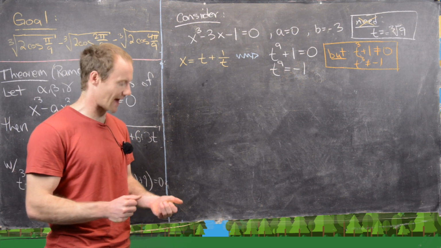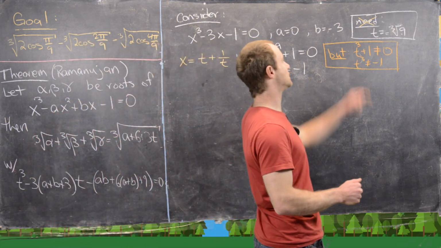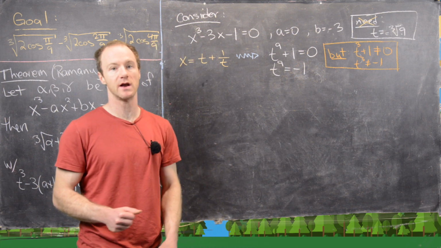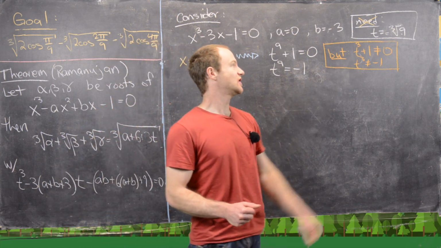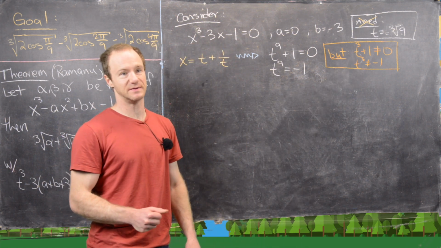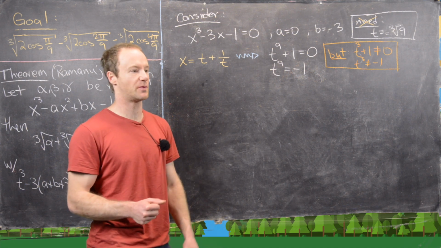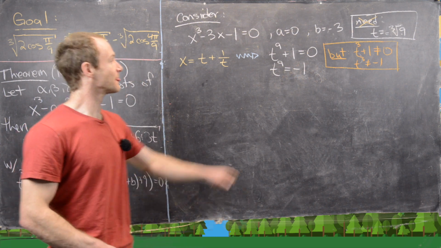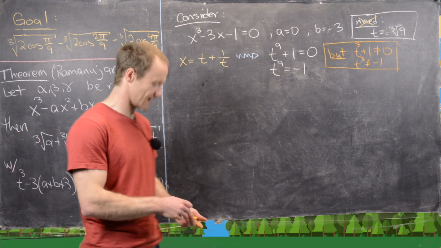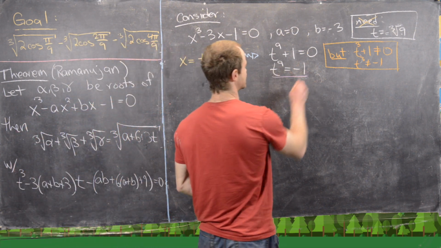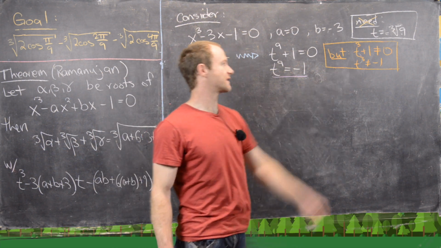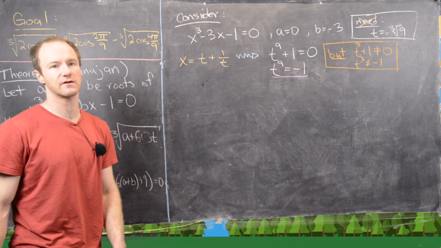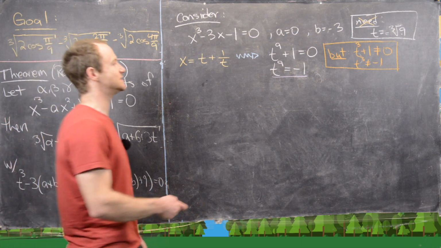But something subtle happened, and along the way we multiplied by t cubed plus 1, which means t cubed plus 1 here is not allowed to be 0 because that was not an original part of the solution. In other words, t cubed cannot be negative 1. So that means we want to solve this equation right here, t to the 9th equals negative 1, but then disregard the solutions t cubed equal negative 1. Okay, so let's go ahead and do that.